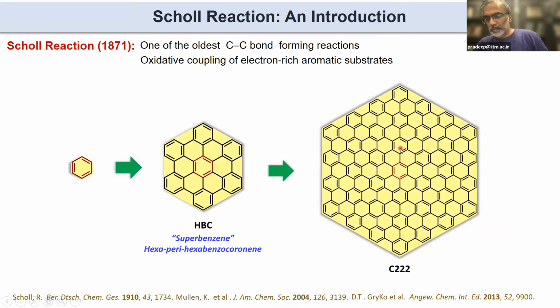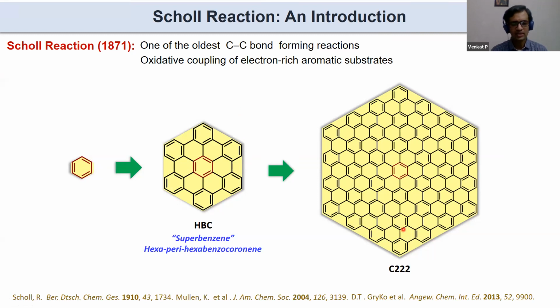It is one of the simplest and oldest carbon-carbon bond forming reactions, I would say. What it basically does is couple two aromatic units. For example, here two aromatic phenyl units are connected via this carbon-carbon bond. Likewise, you can start from a simple benzene, build a super benzene, and then make a larger graphene of C222 unit using such Scholl reactions.